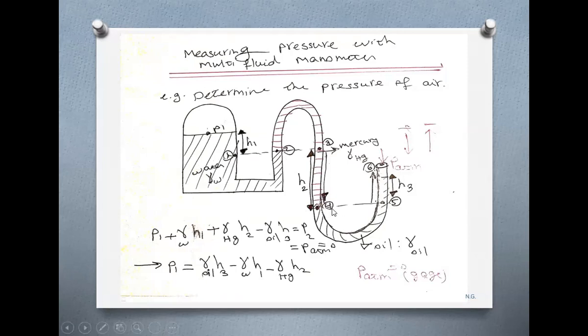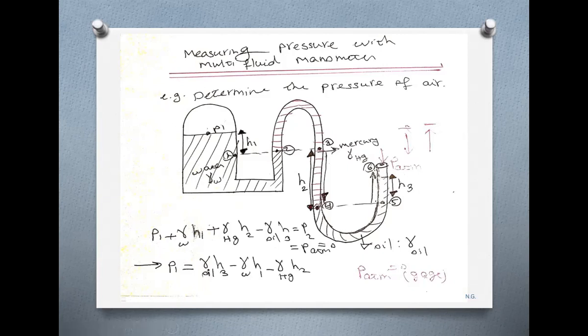Oh, no. Up to 4. I wish I used a color marker. Even I am confused. So from 2 to 3 to 4, it is mercury. From 4 to 5 and 6, it's oil. And at 6, it's exposed to the atmosphere.